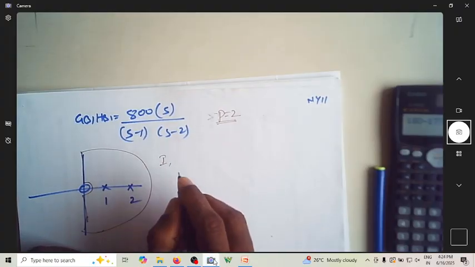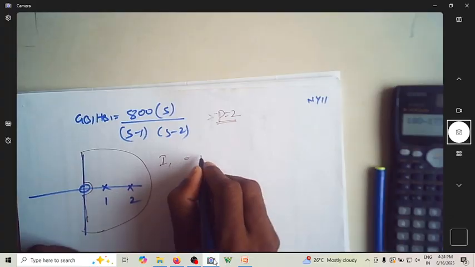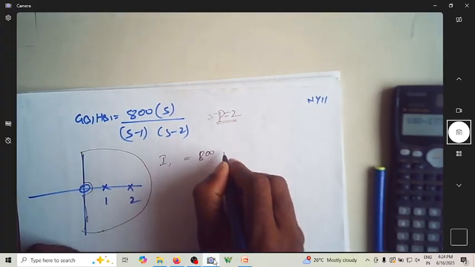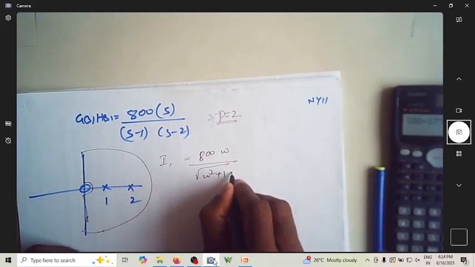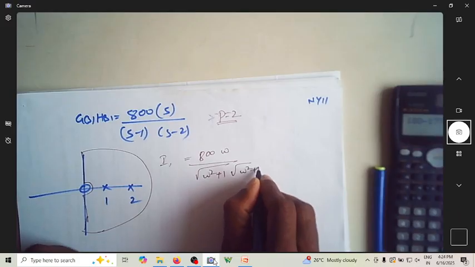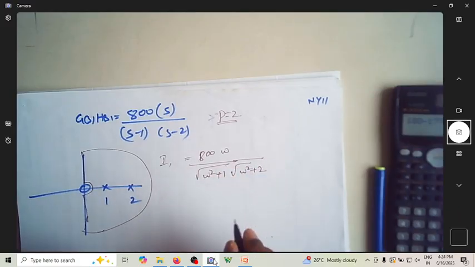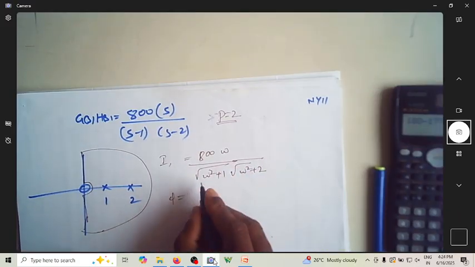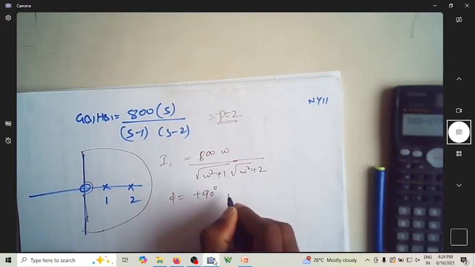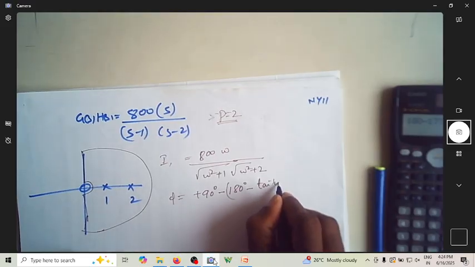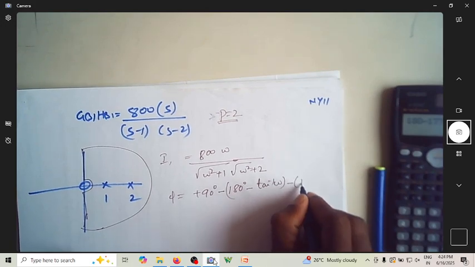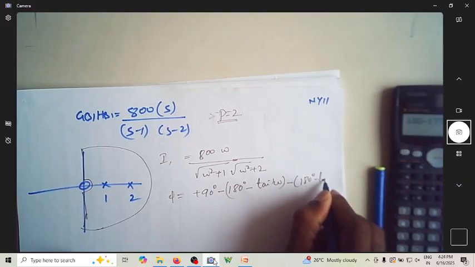For the first segment mapping, it will be 800 omega by the square root of omega squared plus 1 and omega squared plus 2. Correct. So phase is plus 90 degrees minus 180 degrees minus tan inverse of omega, minus 180 degrees minus tan inverse of 0.5 omega.